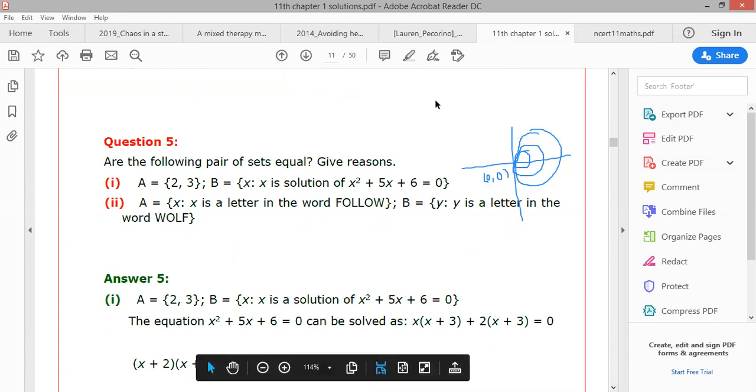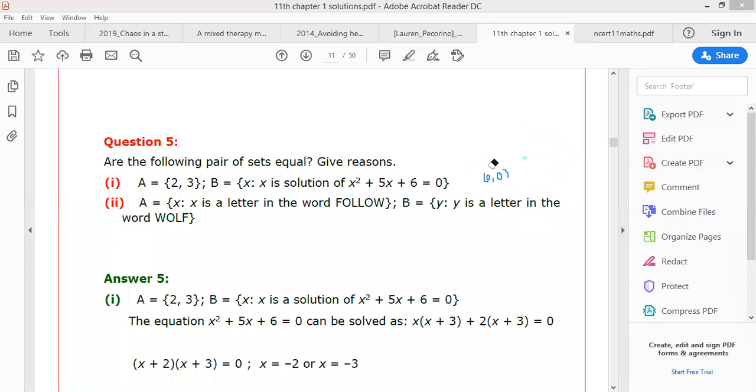In question number 5, we are asked: are the following pairs of sets equal or not?